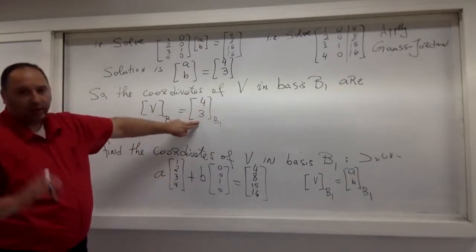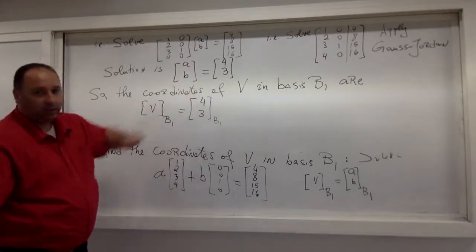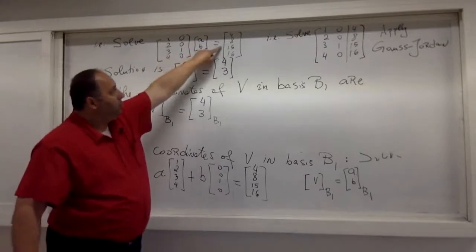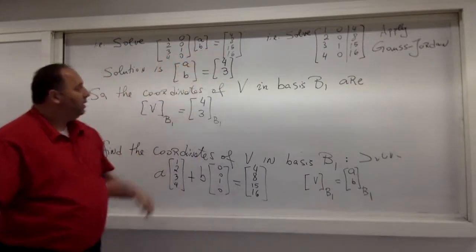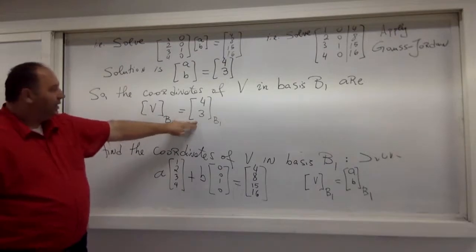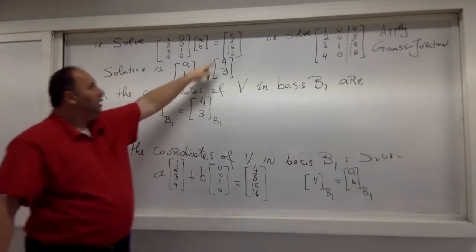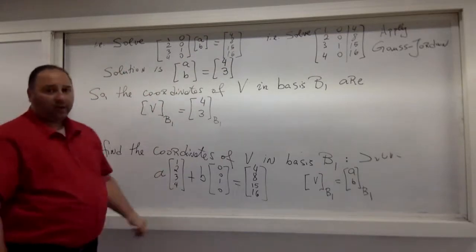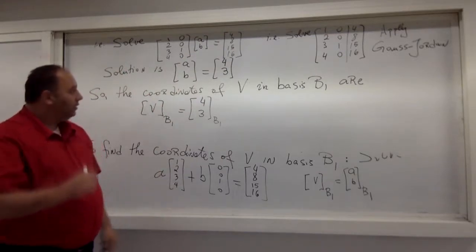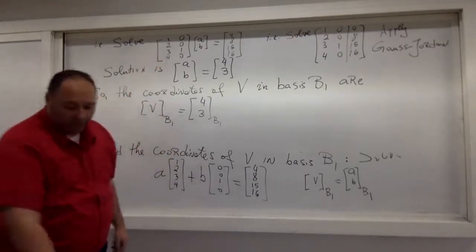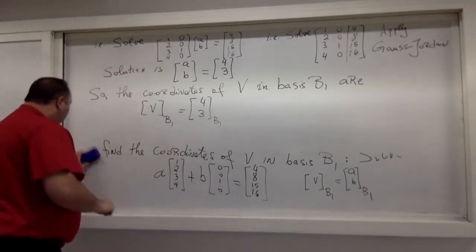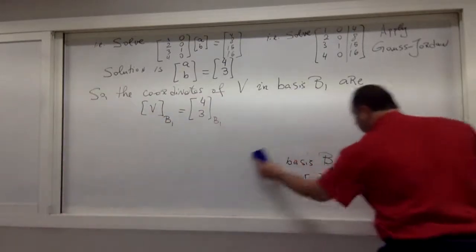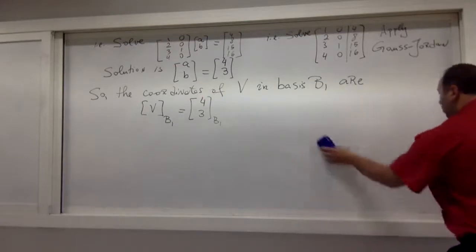So you see, I have only two numbers in the coordinates. My set of coordinates contains two guys, even though my vectors are from R4. So you understand that the coordinates have nothing to do with the number of components or entries in your vectors. So dissociate these two things. That's why we give this example, so you can realize that coordinates are just numbers in front of basis vectors. That's all, nothing else.